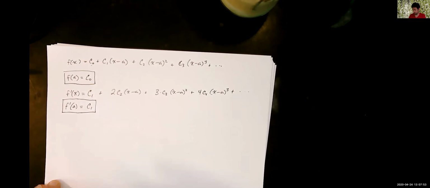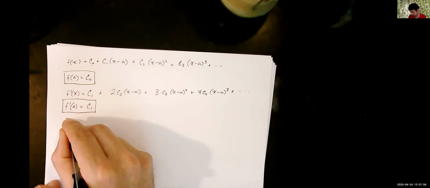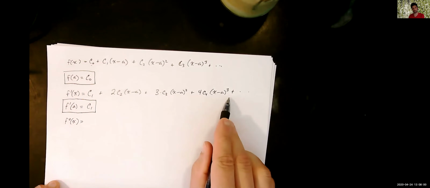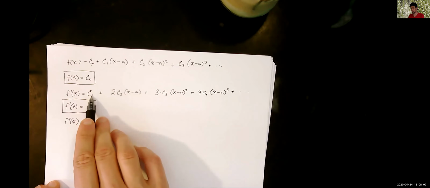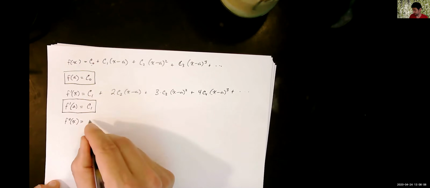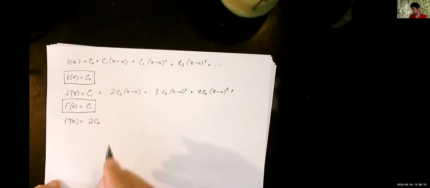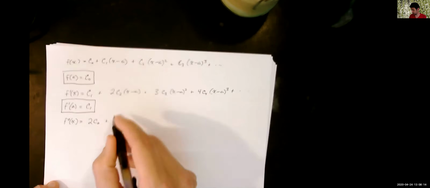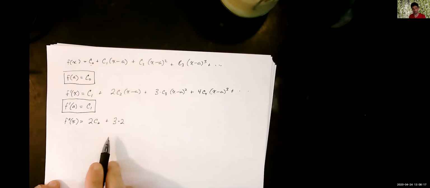All right, let's keep going with this. This is working pretty well. Let's take a look at the second derivative. So now I'm taking the derivative of this function. The first constant, like all constants, when I take the derivative, I get 0. Here I've got a linear term. The derivative is just 2c2. And then for this term, the exponent comes down. I'm not going to multiply them together.